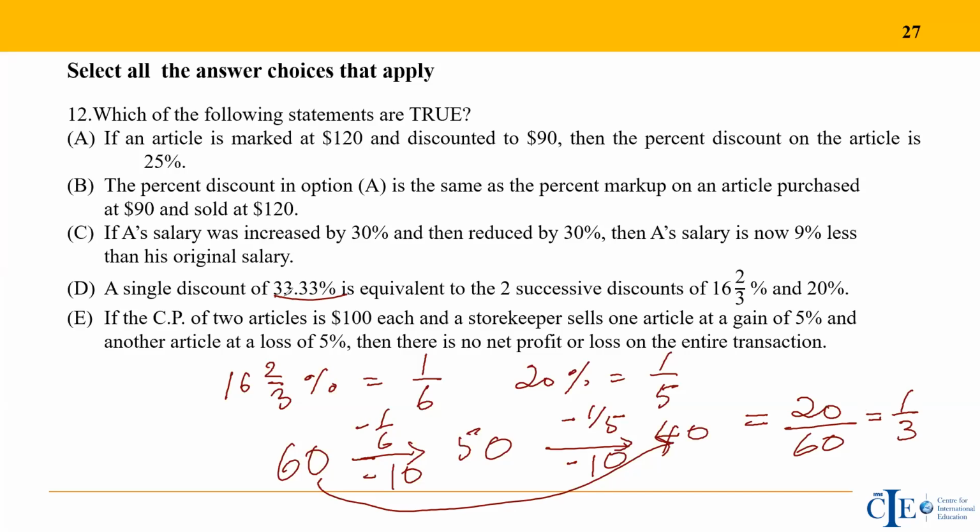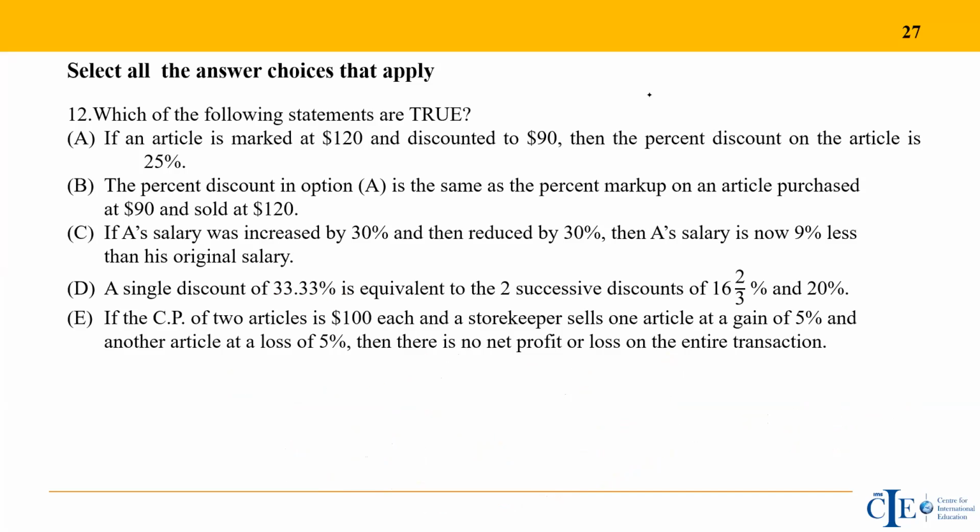So instead of using the successive formula rule, I just converted these percentages to fractions and took a number evenly divisible by 6 and 5, which is 60. We could have taken 30 also, but 60 works out directly. So we say A, C, D are all correct, and B is not.